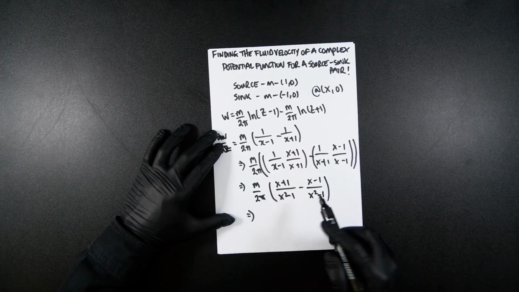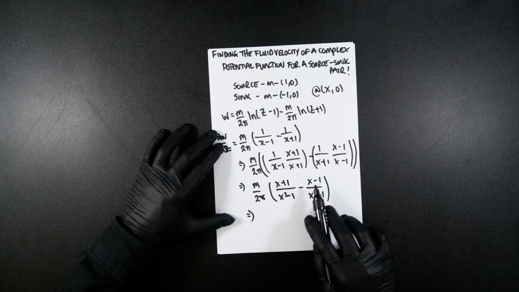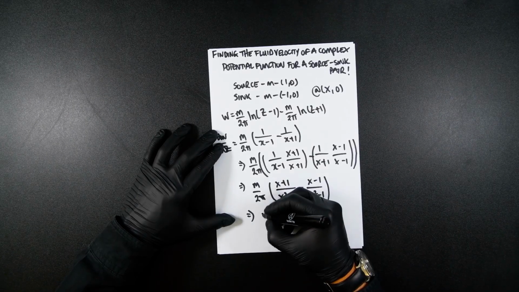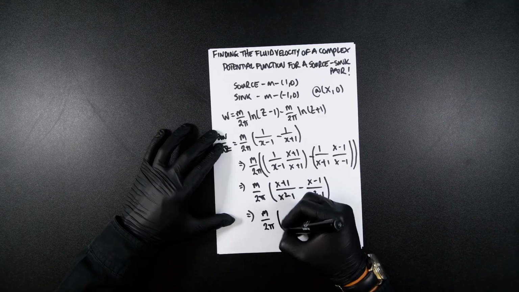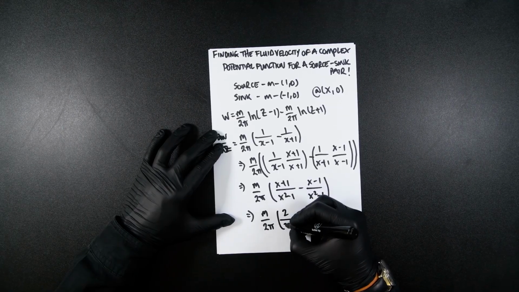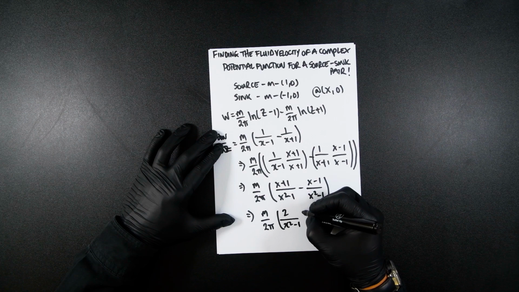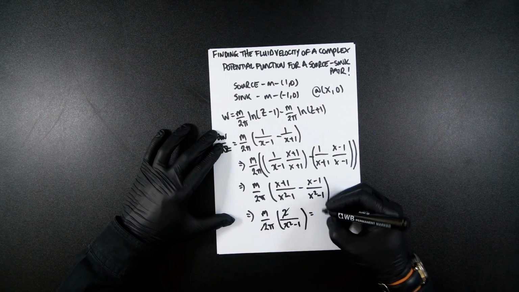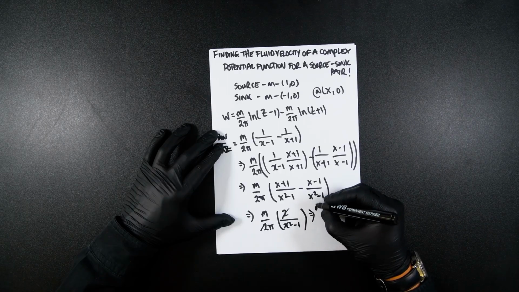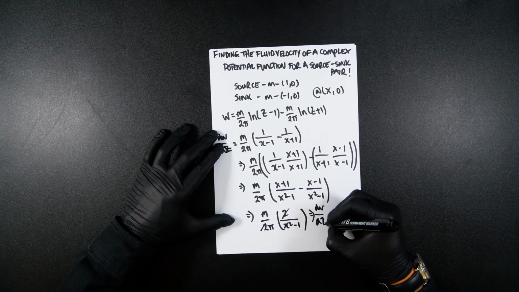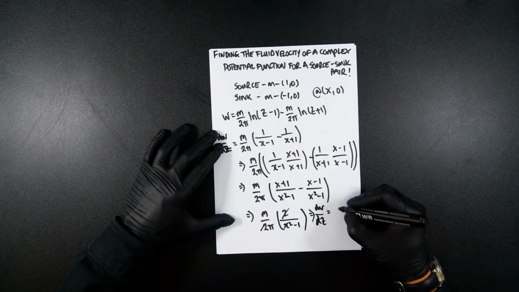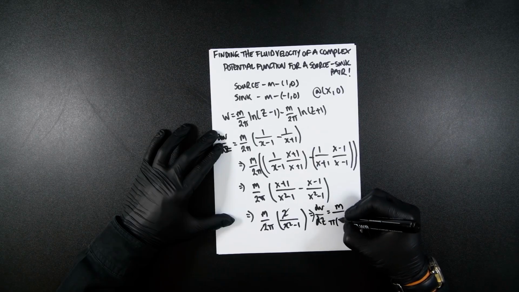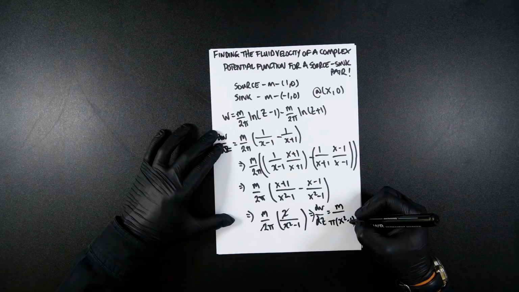The denominators are exactly the same, so you have 1 minus minus 1, which is 2. So you're going to get m over 2 pi times 2 over (x squared minus 1). The 2s disappear, and you get the solution, dw/dz is m over pi (x squared minus 1).